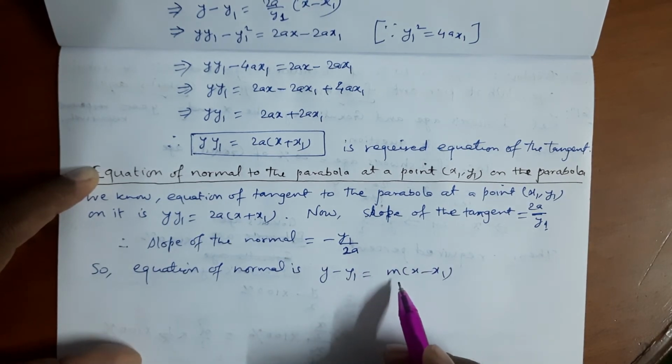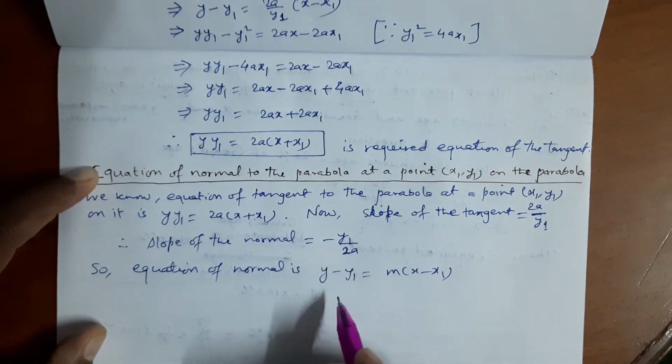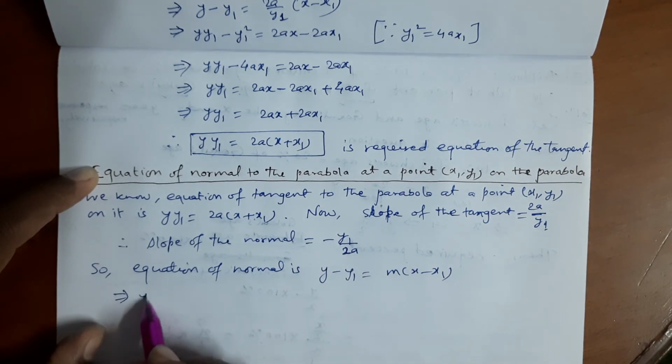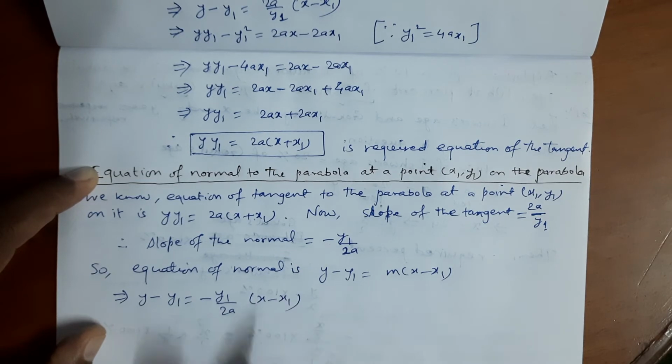Here m is the slope of the normal, so we put m equals minus y1 over 2a. y minus y1 equals minus y1 over 2a times x minus x1. This is the equation of the normal.